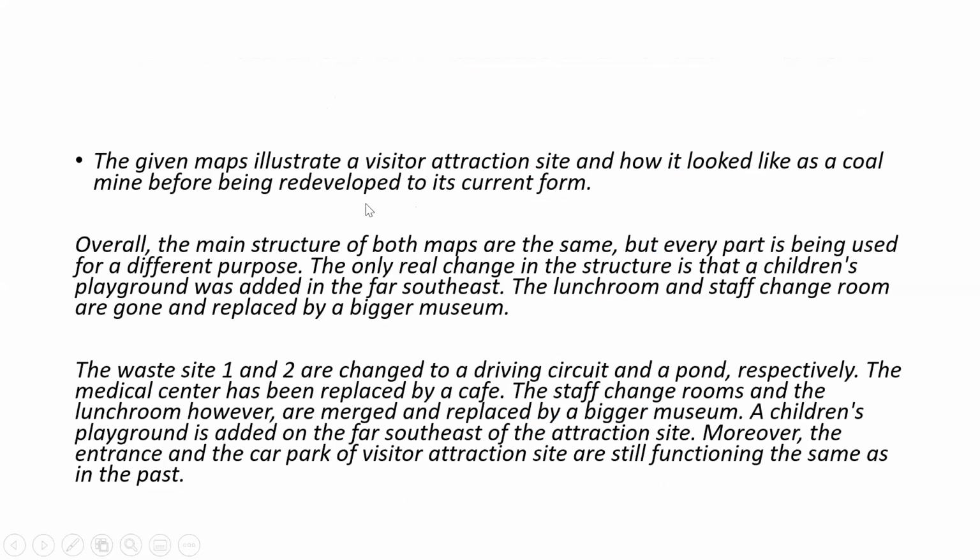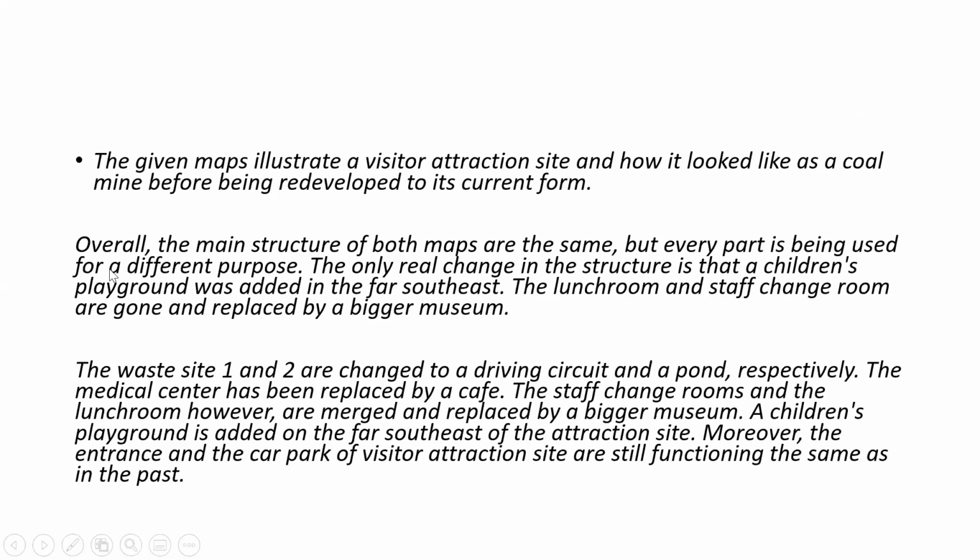So the given maps illustrate, the first paragraph, as I said, it's always the summary of what is given. So we say the given maps illustrate a visitor attraction site. I start from what it looks like now. So it illustrates a visitor attraction site and how it looked like as a coal mine before being redeveloped to its current form.